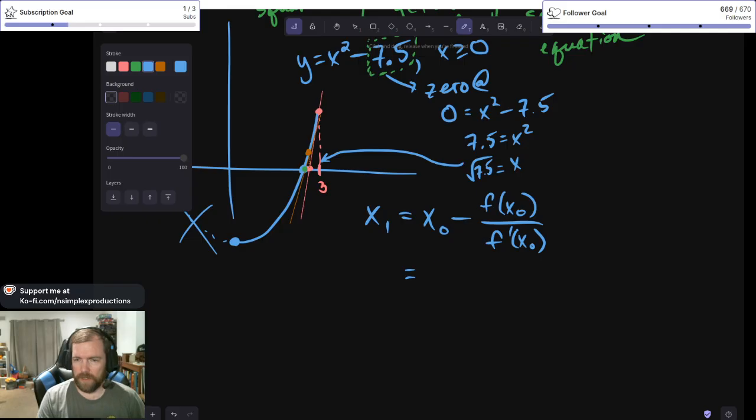So we're going to get, again, 3 minus f at x0, which is 3 squared is 9 minus 7.5, over. Now we take the derivative of that function, which is going to get us 2x. That's it.